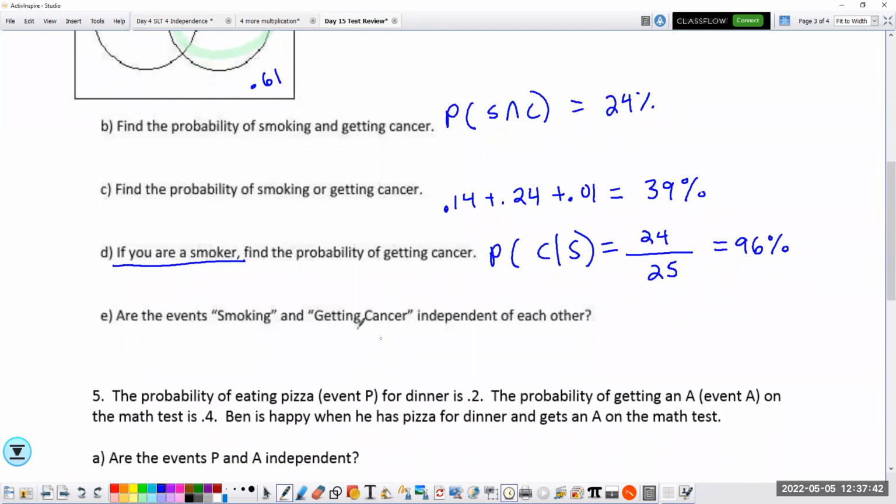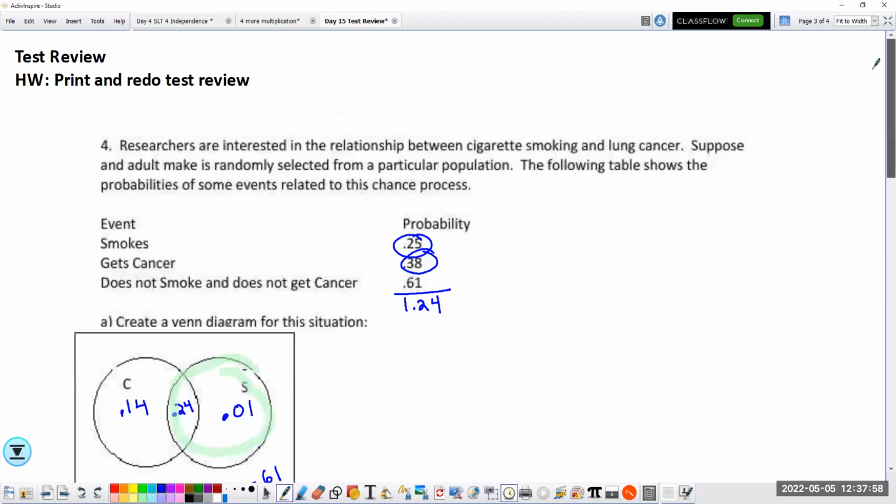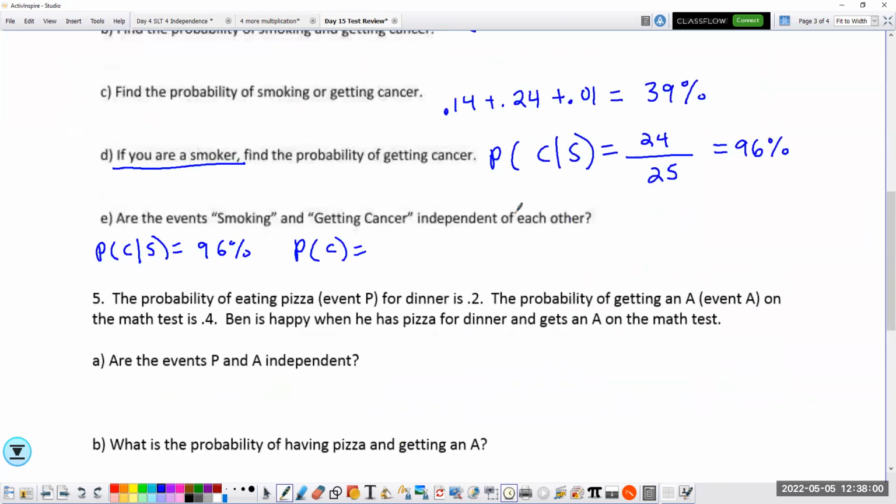Okay, are the events smoking and getting cancer independent? Well, no, they're not. Right here, I've shown that the probability of cancer given smoking is 96%. Above, I was told the probability of getting cancer, what was cancer? Getting cancer is 35%.